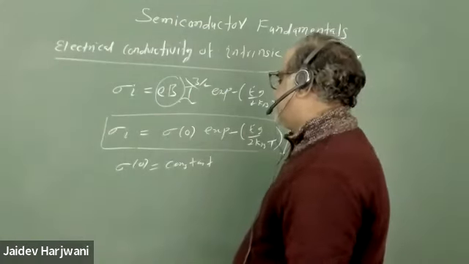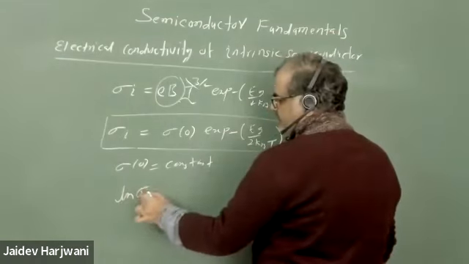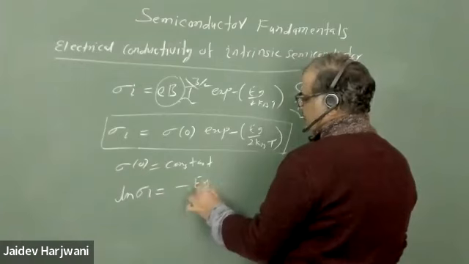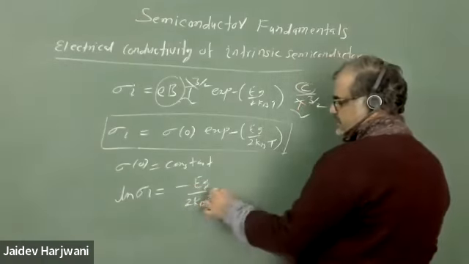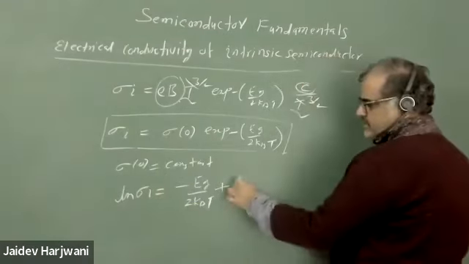Now if I take log of sigma i, it will give me minus Eg upon 2 kB T, and log sigma 0 will give some other constant, say a.